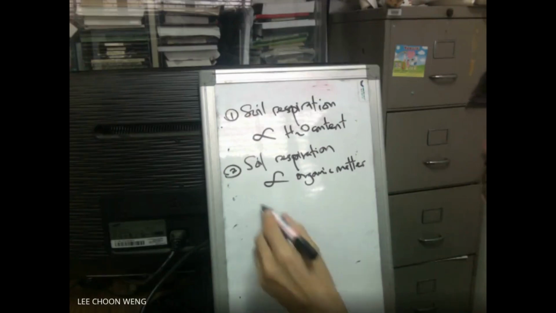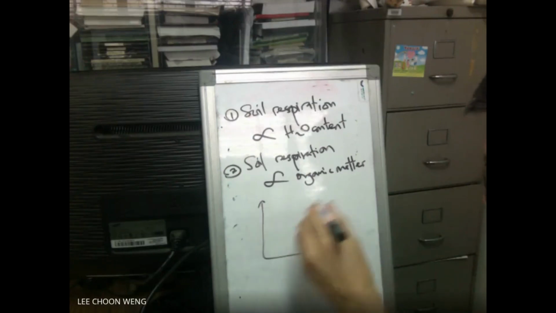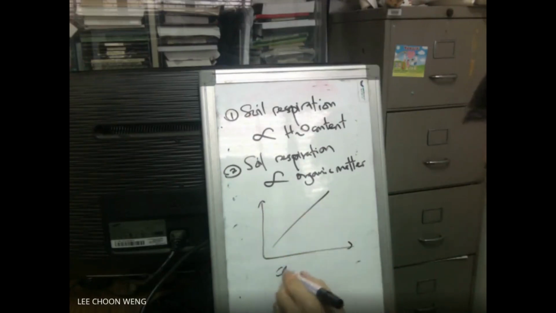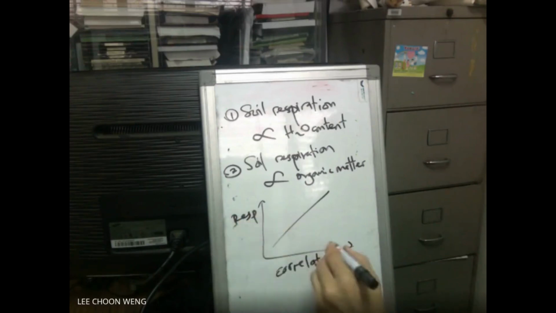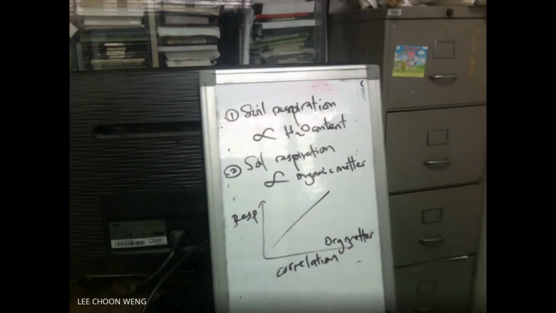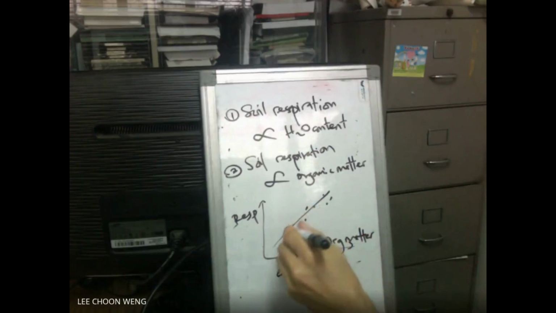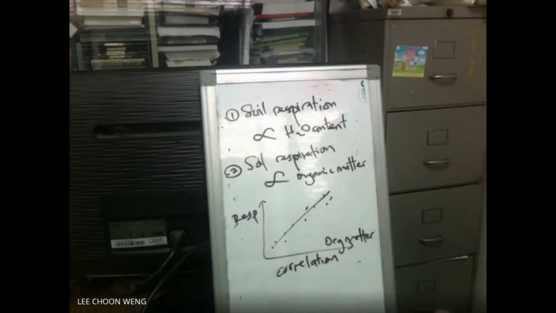So for relationships, you do a correlation. Correlate your respiration to your organic matter. If the organic matter increases, your respiration increases, then you'll see whether the statistics show your slope is significant.